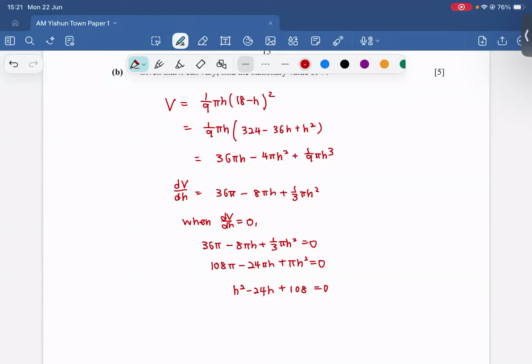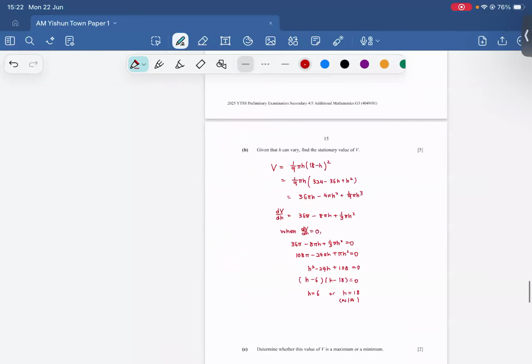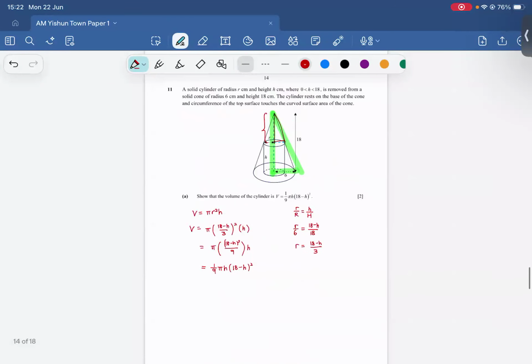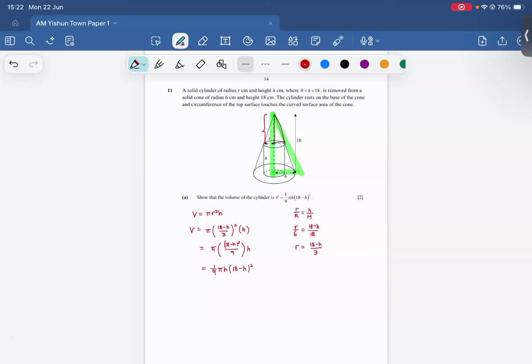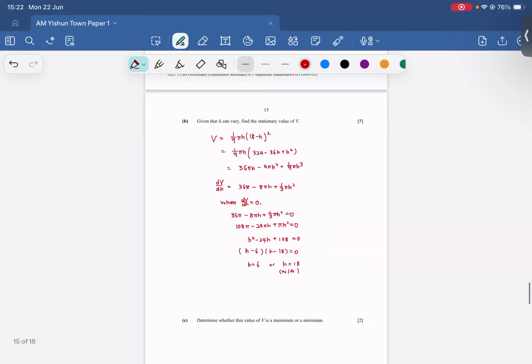Okay, then now we try to solve this. Okay, h equals 18 is rejected because 18 is the height of the entire cone. If the cylinder is 18, which is not possible, so we reject. So the height of the cylinder is 6.